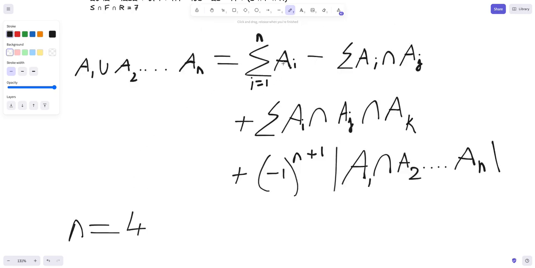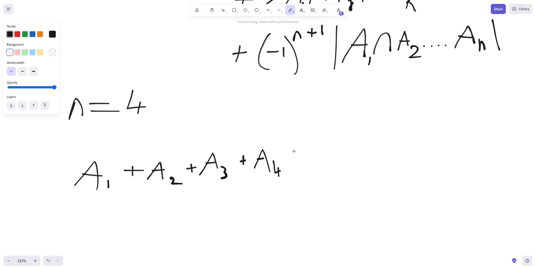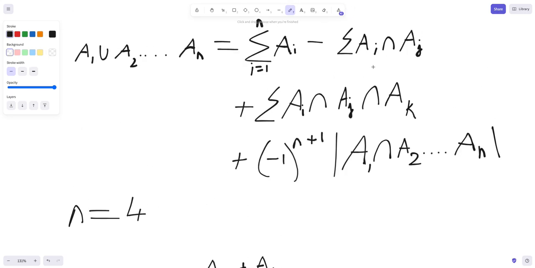Firstly, we would have to consider this summation right here when we're summing all the Ai's. So that would look like A1 plus A2 plus A3 plus A4.